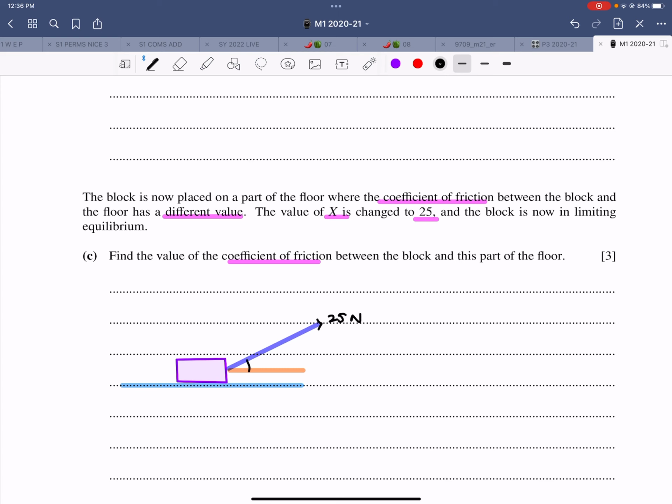This is like 30 degrees. This is 5g. This is R. And then the two components of that force. So one component is like this, one component is like this. This is 25 cosine 30. This is 25 sine 30. And this one is F max.